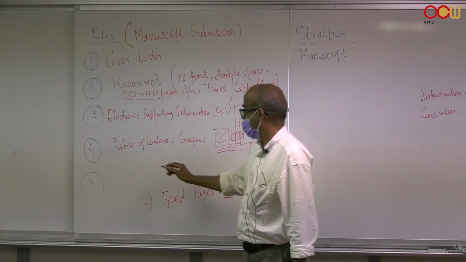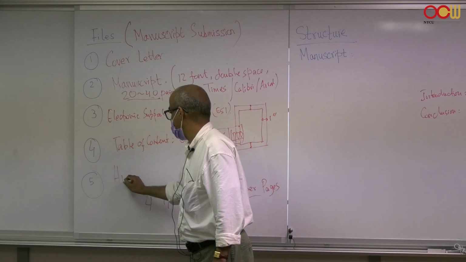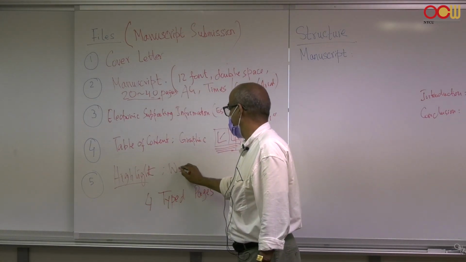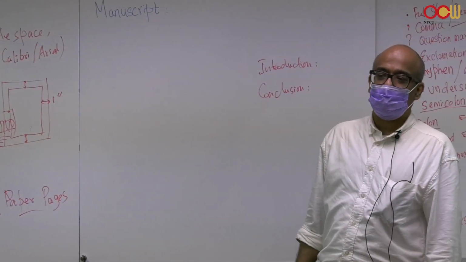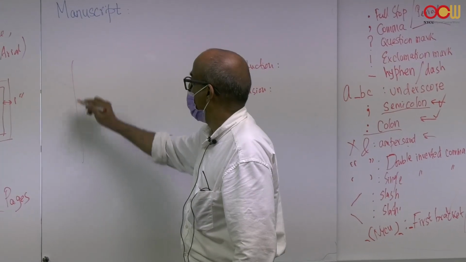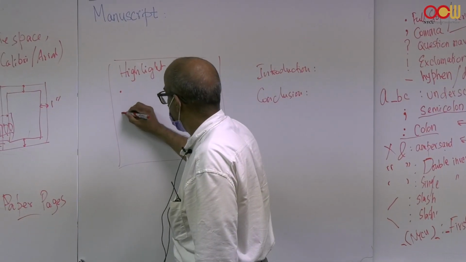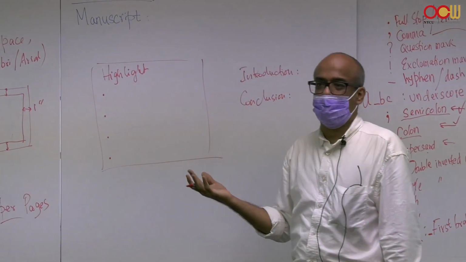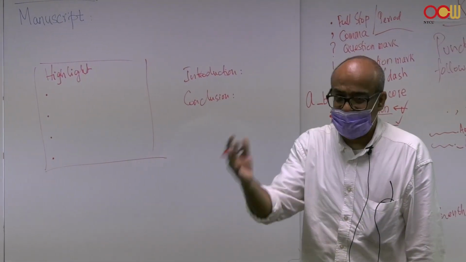Finally, you will need a highlight file. This is very simple. Highlight is a Word file. They will ask for 3 to 4 sentences in bullet form: 1, 2, 3, 4. Three or four sentences that describe your work.